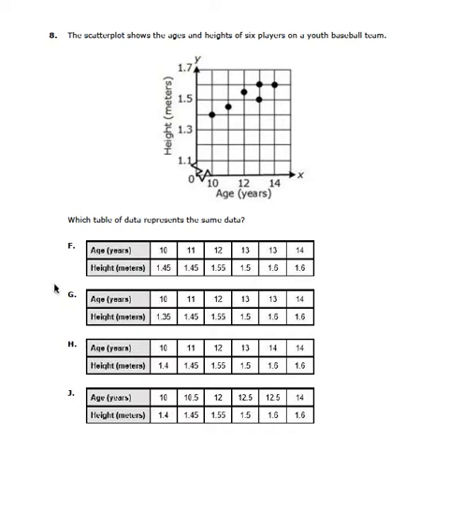Table F, Table G, Table H, Table J. Be sure to look at the tables on your actual test. Those tables have been corrected. These tables are not the same. But Table F, Table G, Table H, or Table J, which one of those tables represents the data from the scatter plot?